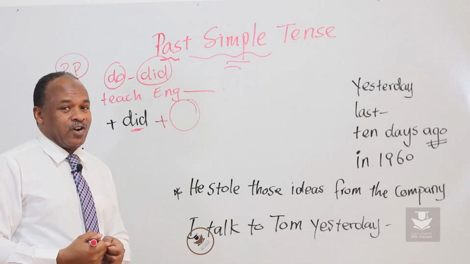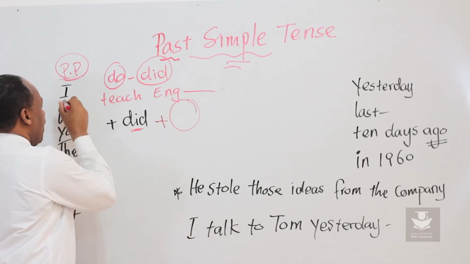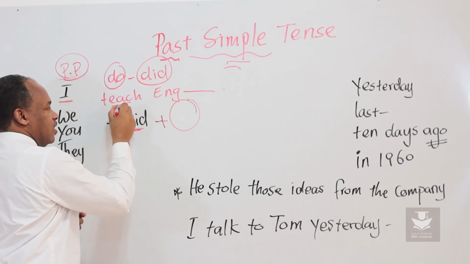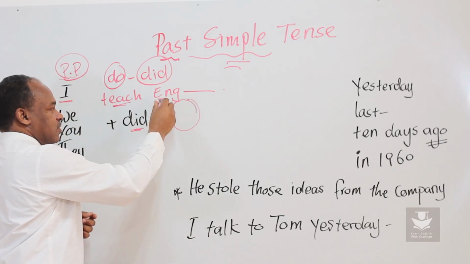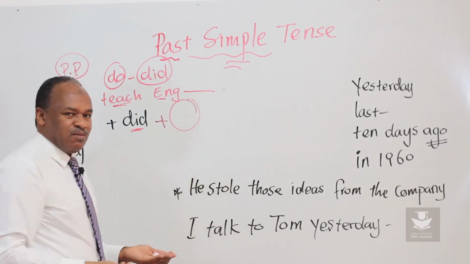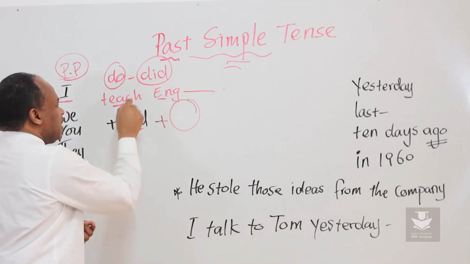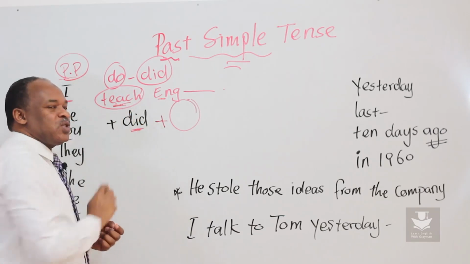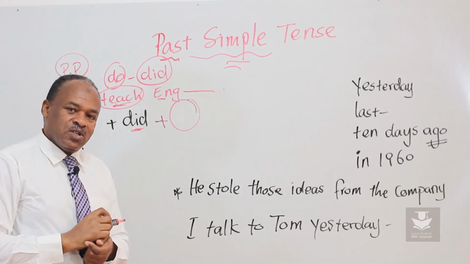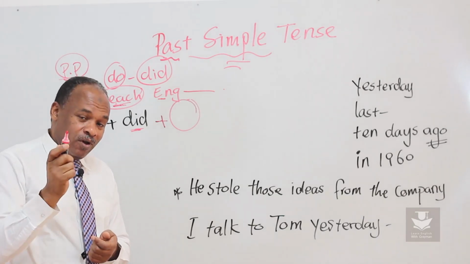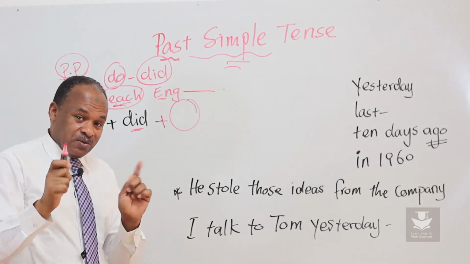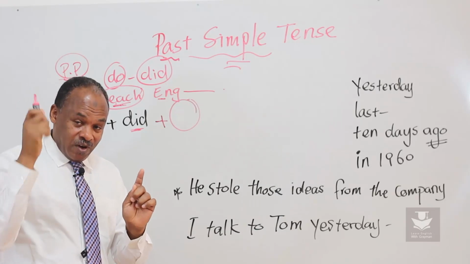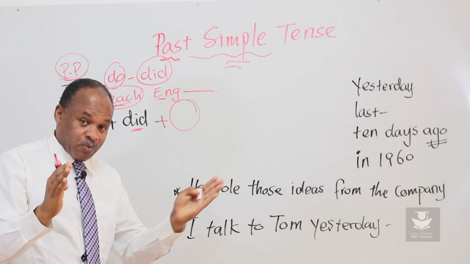No, it's not correct. Why? Because they said, I teach English 20 years ago. No, I need to get the past, which is equivalent to did. What is the past of teach? Can you recall? Remember, I taught you how to make the past, the infinitive, the past, and the past participle.